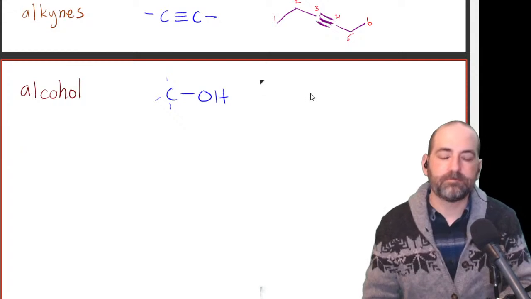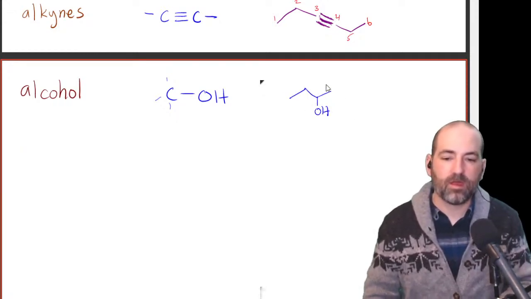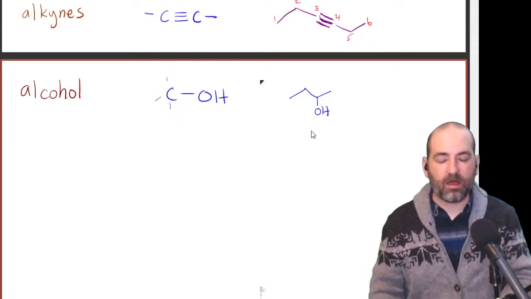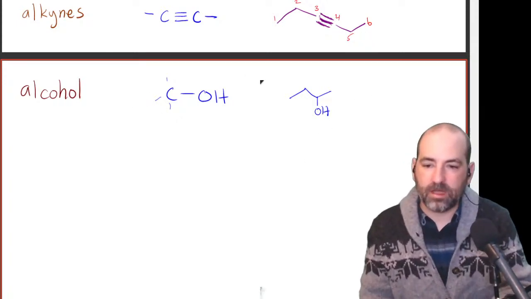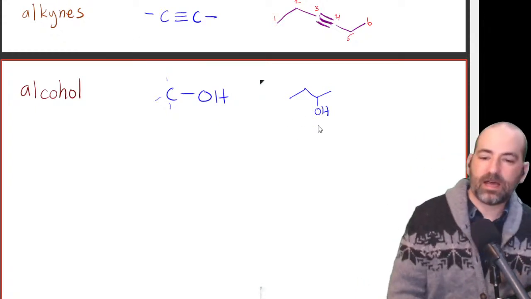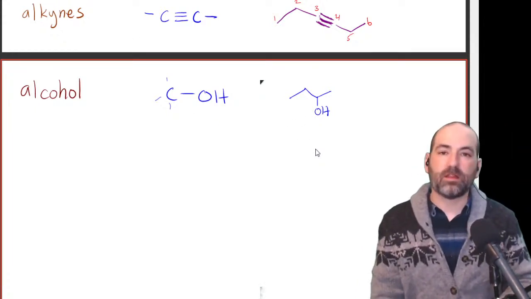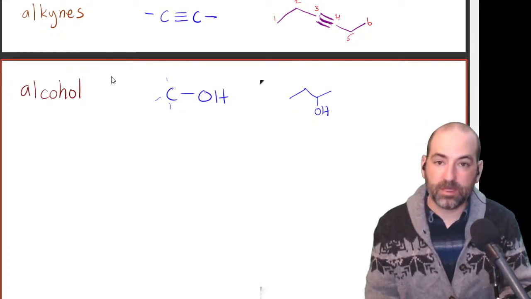So again, we can draw whatever we want with OH on there. You can also have multiple alcohols, diols, triols, put them around wherever. That's called an alcohol, OH. Good hydrogen bonding there, high boiling points. We're going to see lots of those when we get into the biological molecules next week and start talking about carbohydrates and lipids and proteins.